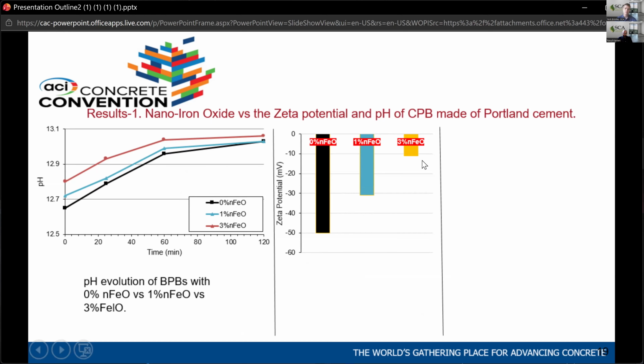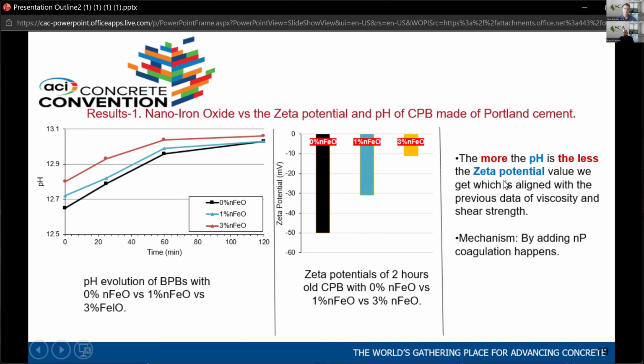I mean, the less it is, it means that there are more ions moving around. The more the pH is, the less the zeta potential value we got, which is aligned with the previous data on viscosity and shear strength. The mechanism is that by adding nanoparticles, coagulation happens.